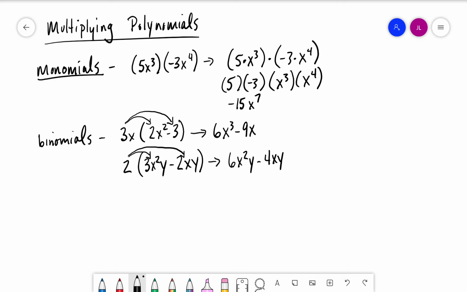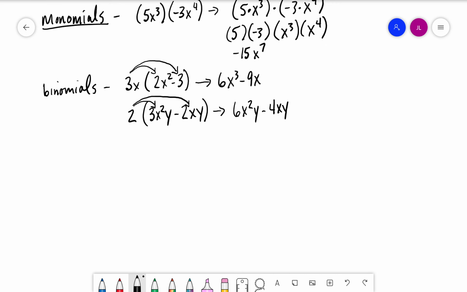Now, what if we have two binomials and we're multiplying them by each other? So binomials, we had monomial by binomial here, and we're going to look at two binomials. So let's say we have 3x plus 2, we like our 3x today, I guess, multiplied by 2x minus 5. Okay.